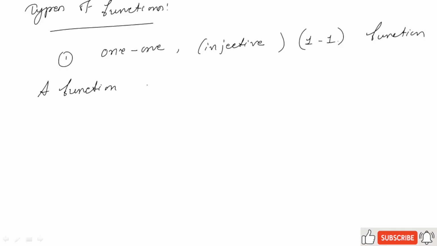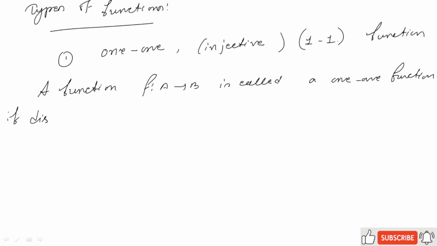A function f: A to B is called a one-one function if distinct elements of A have distinct images.